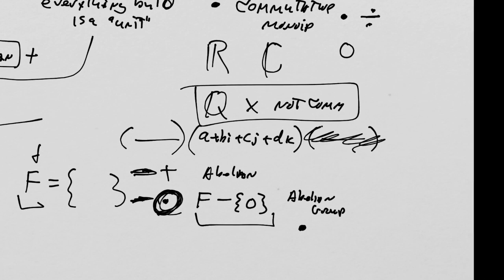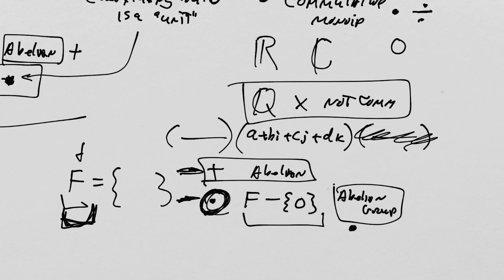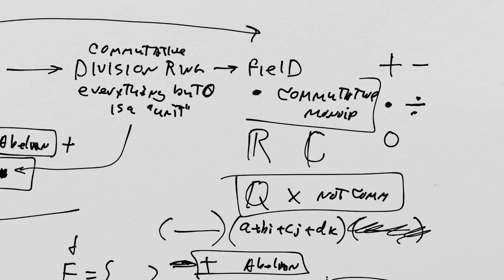So if you have a field, it really is two abelian groups. The field itself is abelian under addition, and the field minus the addition element turns out to be an abelian group under the multiplication. And the reason that's the case is because to be a field, we demand that the multiplication property be commutative.